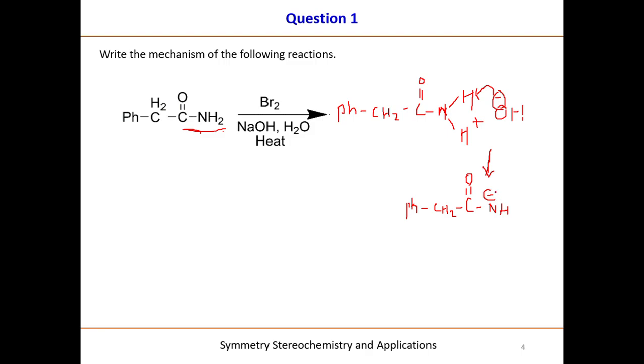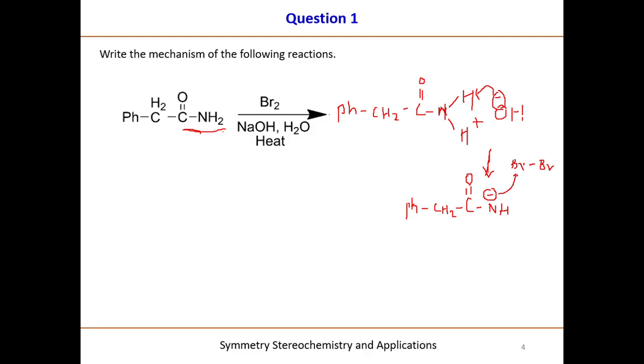Then halogenation will take place. Nucleophilic attack of halogen, as bromine, Br2, will take place here. So we have this Br2 here, and this negative charge will attack over here.